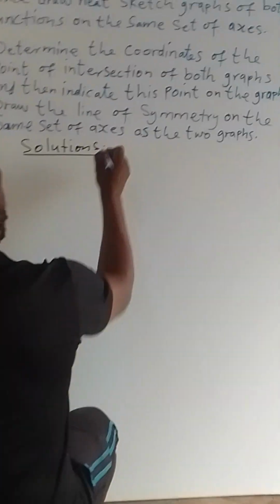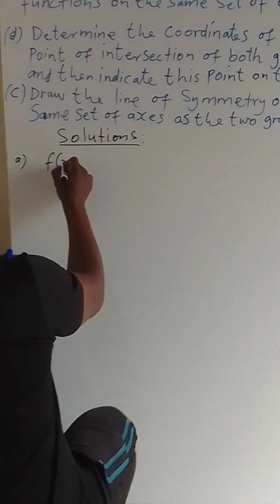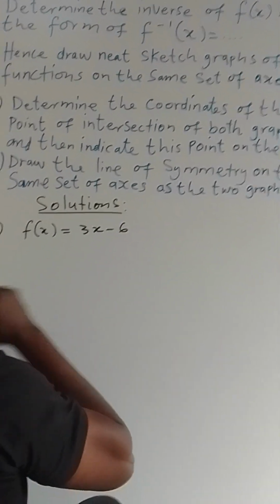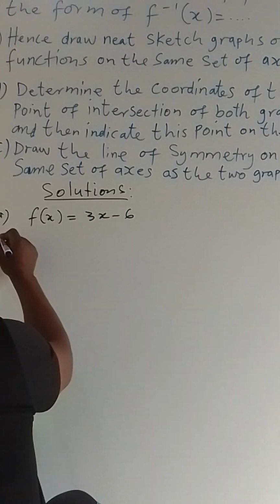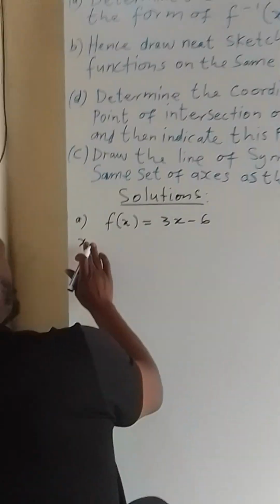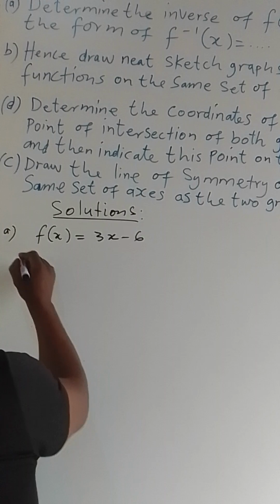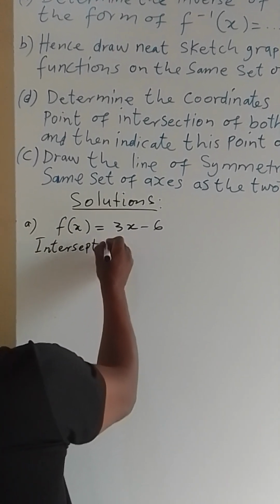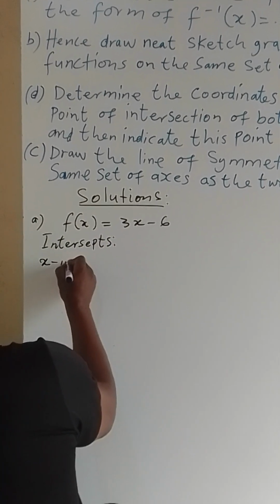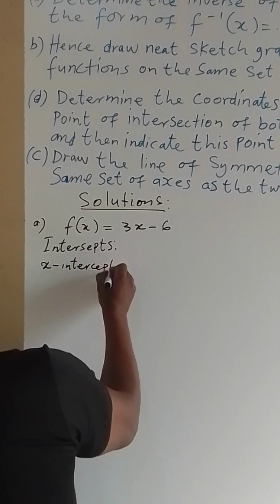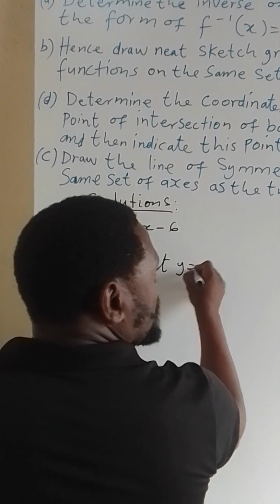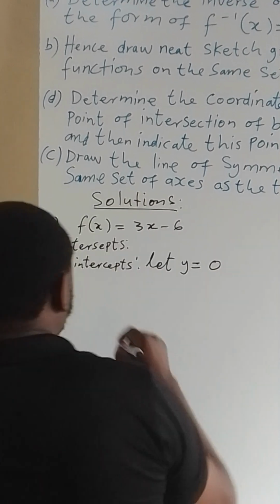The solutions, we start with A. We have f(x) = 3x - 6. We find the intercepts. X-intercept: you let your y be equal to 0.